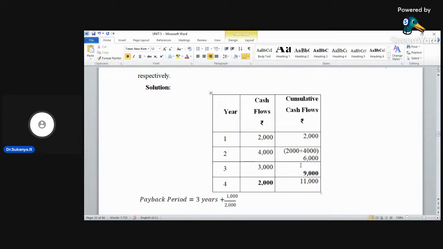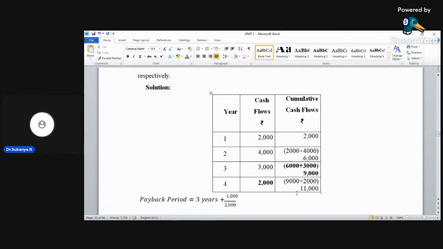You will take 6,000 plus 3,000, so you will get 9,000. And the last year, it will be 9,000 plus 2,000. So it will be 11,000 during the last year.